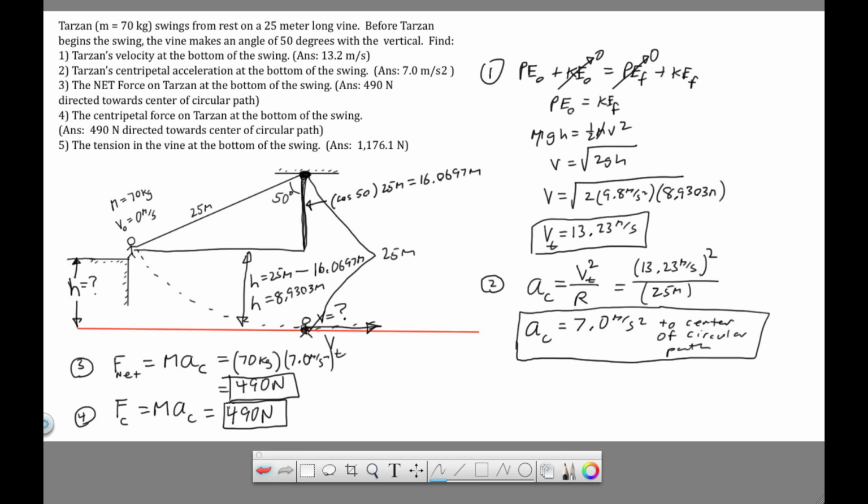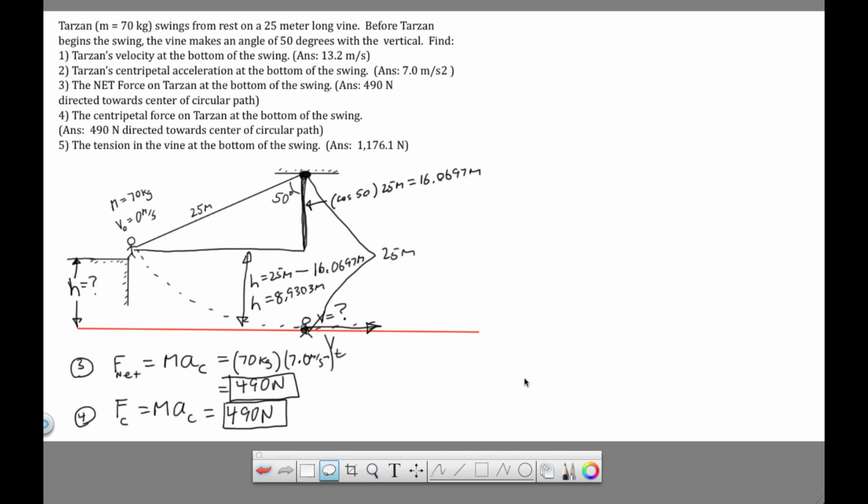Okay, and then the last question, we'll make some room here. All right, so the last question, finding the tension in the vine at the bottom of the swing.